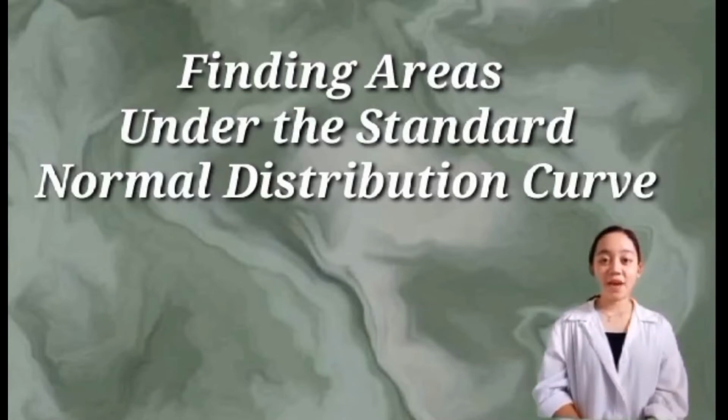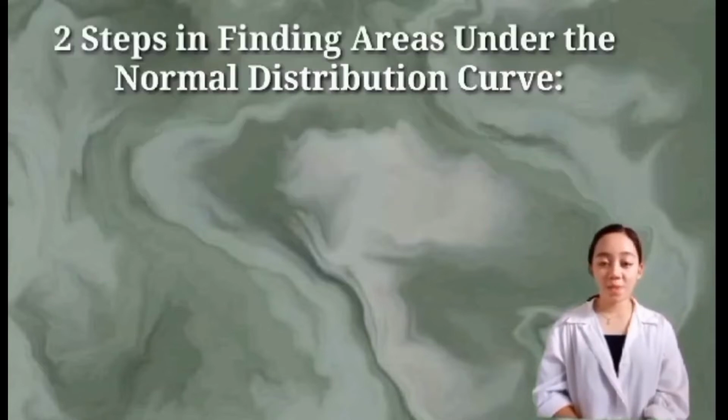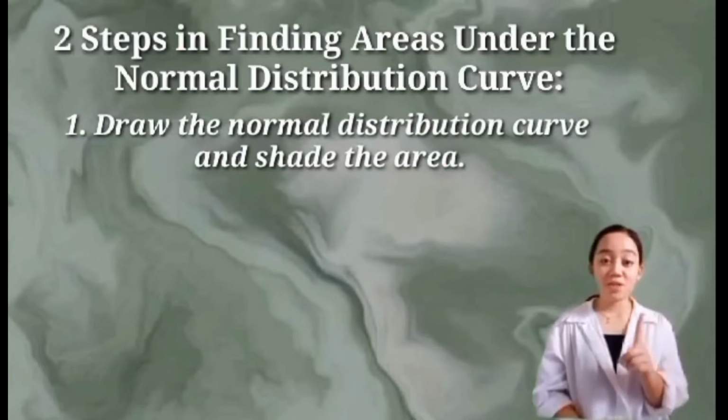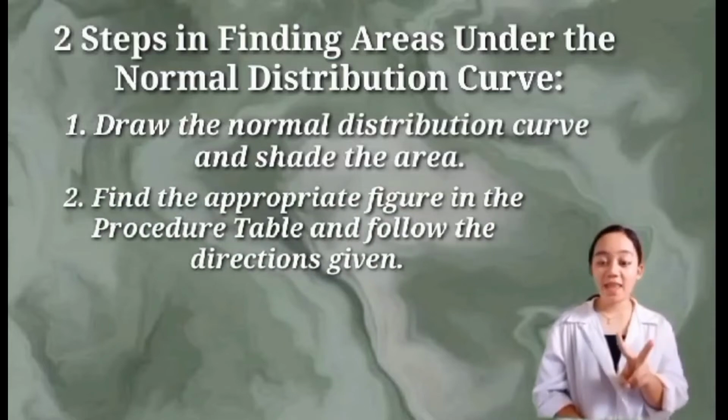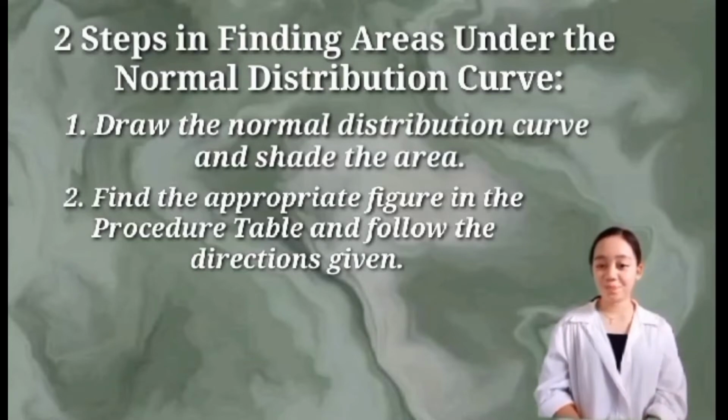In finding areas under the standard normal distribution curve, a two-step process is recommended with the use of the procedure table. The 2 steps are: step 1, draw the normal distribution curve and shade the area. Step 2, find the appropriate figure in procedure table and follow the directions given.